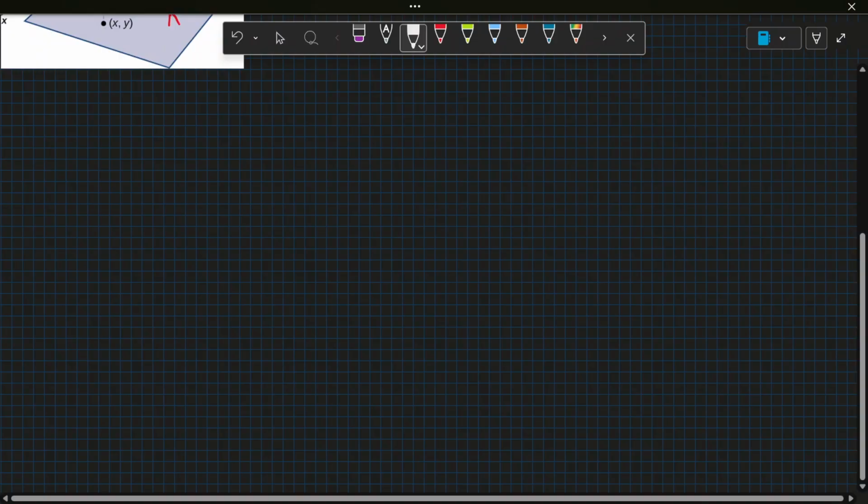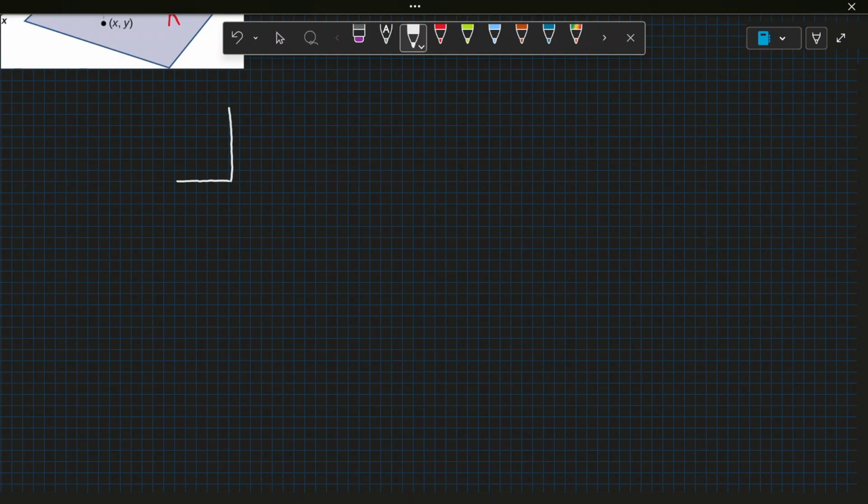Suppose we have a right triangle, and this is the angle theta in it, and the adjacent side, let's call it S, the hypotenuse, let's call it L. You remember from trigonometry that cosine of theta is the adjacent over the hypotenuse. And if we rearrange this, we can write L as 1 over cosine of theta times S.